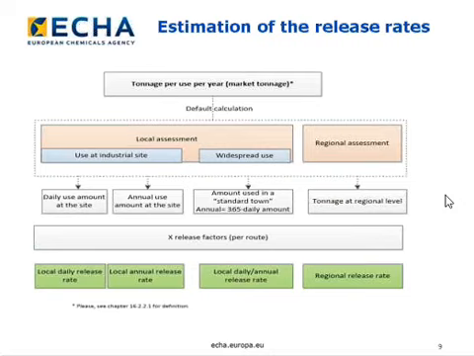And here, about tonnages, you can see a short summary of what types of tonnages could be needed for exposure assessment and for this release estimation in particular. It starts from a tonnage per use per year for the substance, and it goes on to what is distributed for uses at industrial sites and for widespread uses, and there are also some rules for how regional assessment and regional tonnages are calculated.